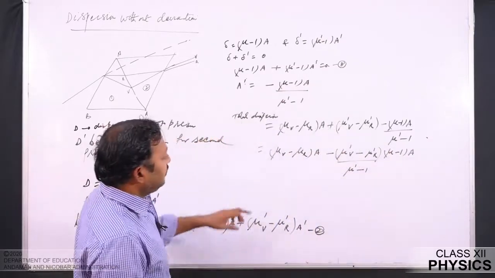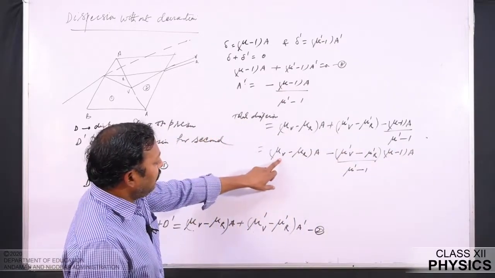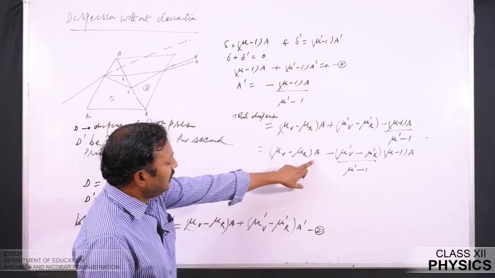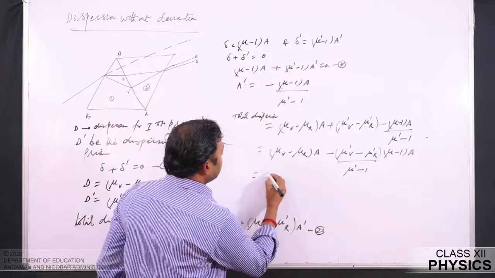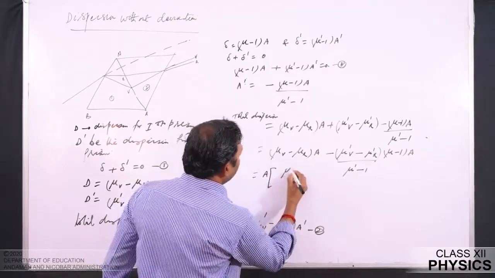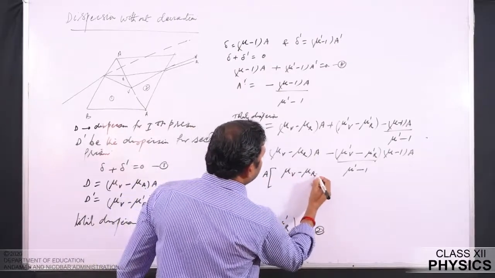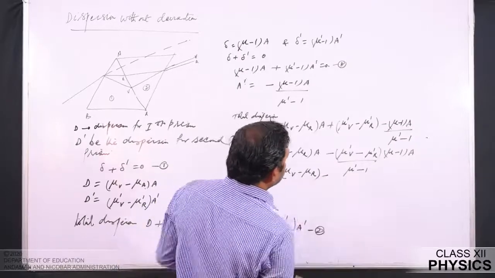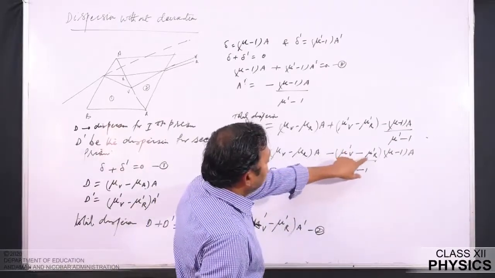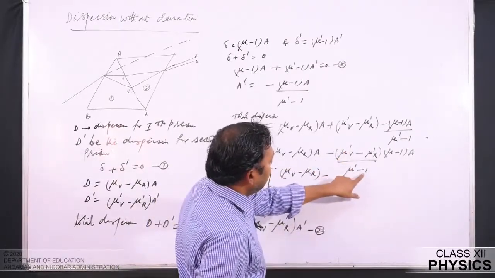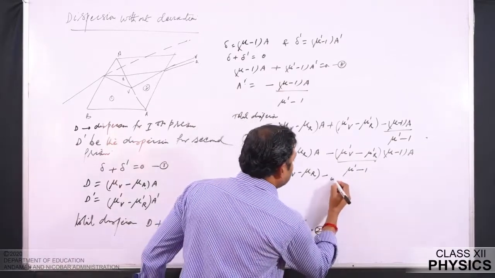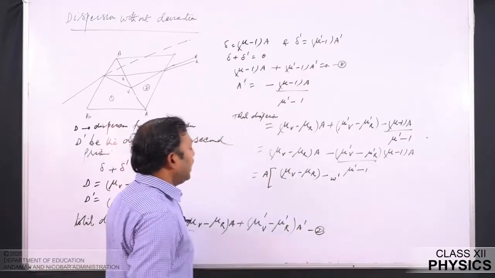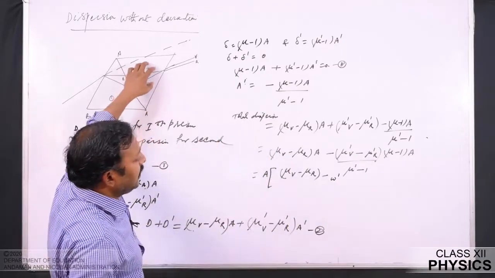From this expression we can take A as common, which gives A times (mu V minus mu R) minus (mu dash V minus mu dash R) divided by (mu dash minus 1), which is actually the dispersive power. You can write it here as omega dash, where omega dash is the dispersive power of the second prism.